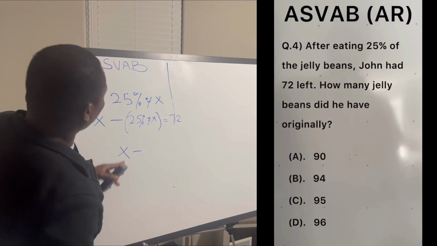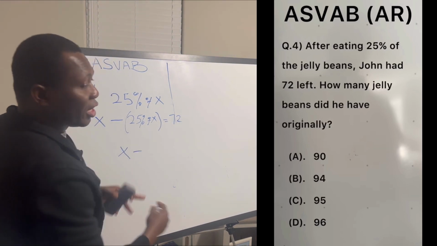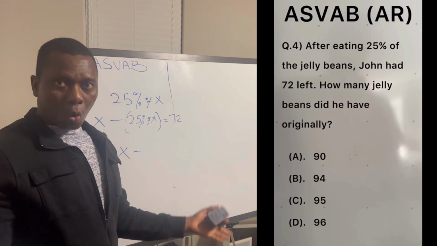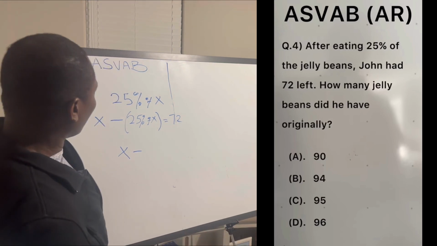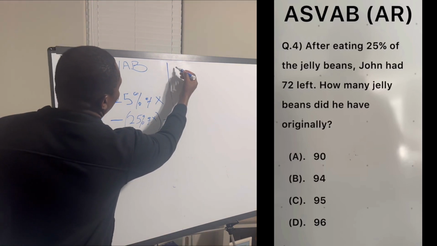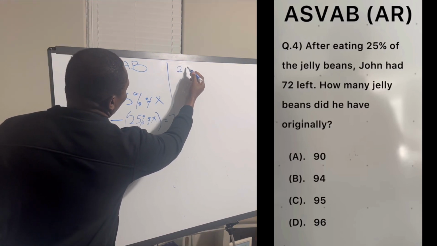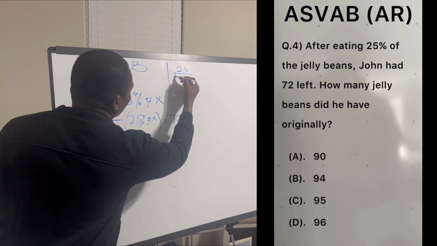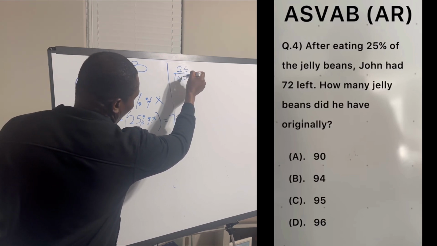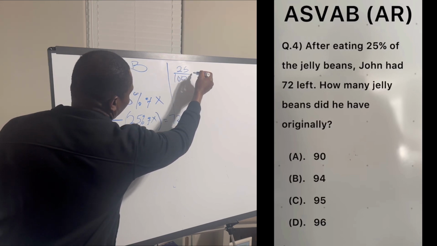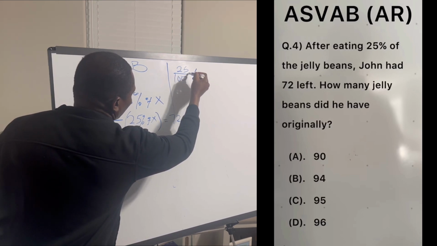25% of a number is a quarter of a number. Remember in our first question, to get a number out of 25%, we divide it by what? 100. And when you divide 25 by 100, you get a quarter.